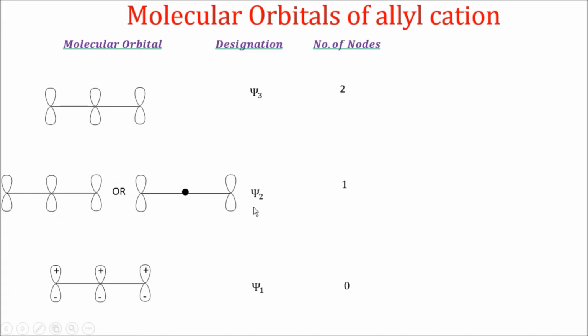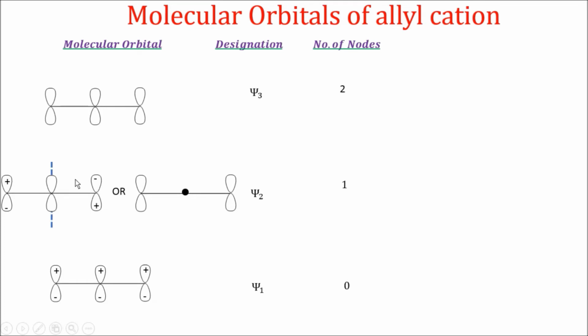In Psi2 we have one node. I already told you in previous classes, when one node is present, it comes exactly in the middle of the orbital. So here, the middle of the orbital. Therefore, we are not going to give any sign for this lobe because the node is present at this position. In this orbital we cannot have any electron density, therefore we leave this orbital empty, and here we should get negative.